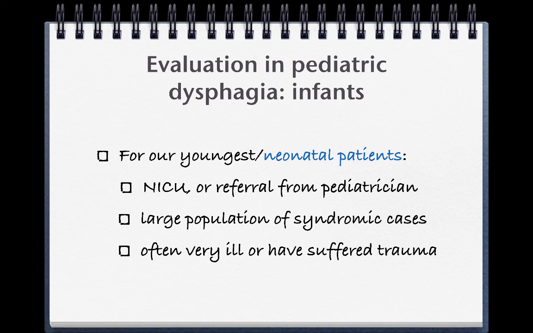If infants have genetic syndromes, if they have very early difficulties coordinating respiration and swallowing, if they have had very early trauma or are ill at a very young age, those babies are going to be in NICU, and that's where those newborn referrals are going to come from.